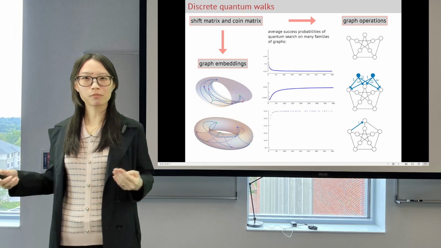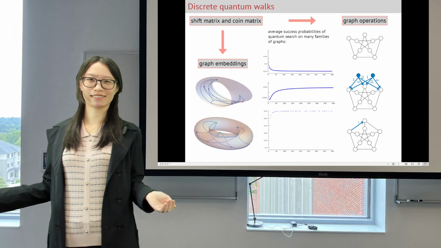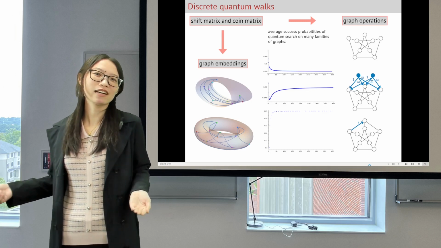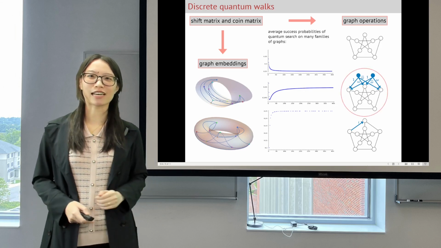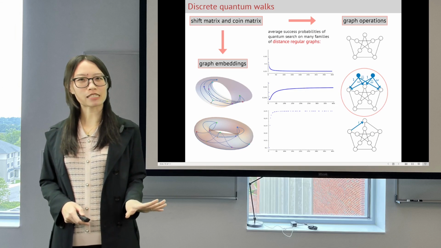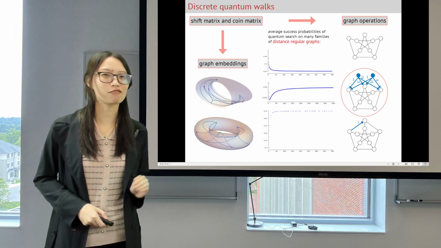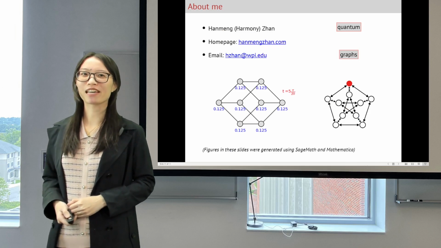The average probability of finding that one target is roughly the same constant. And that's not a coincidence at all. Actually, we can use the second reduction on the right to prove this is true for many families of the so-called distance regular graphs. So that is a quick introduction to my research area.